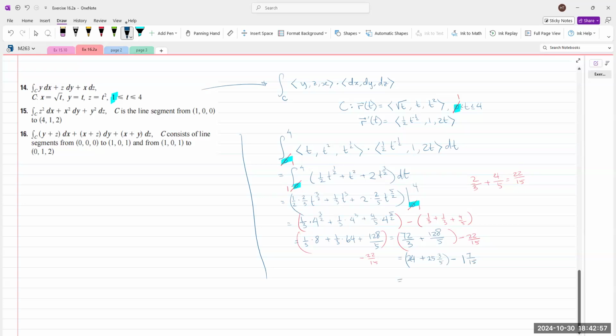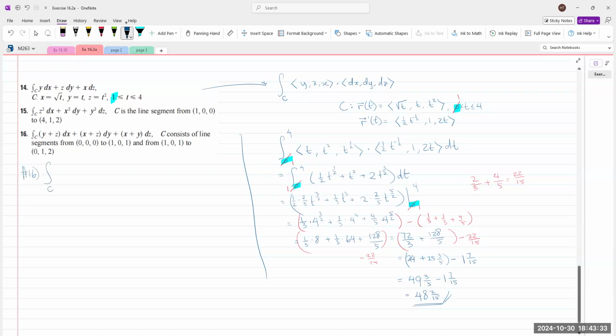Do you know how to do this kind of subtracting mixed numbers? Do you remember? Multiply by 3, so that would be 48 and 2 over 15. Okay, I'm tired, honestly, sorry. I've done too many integrations in one day.